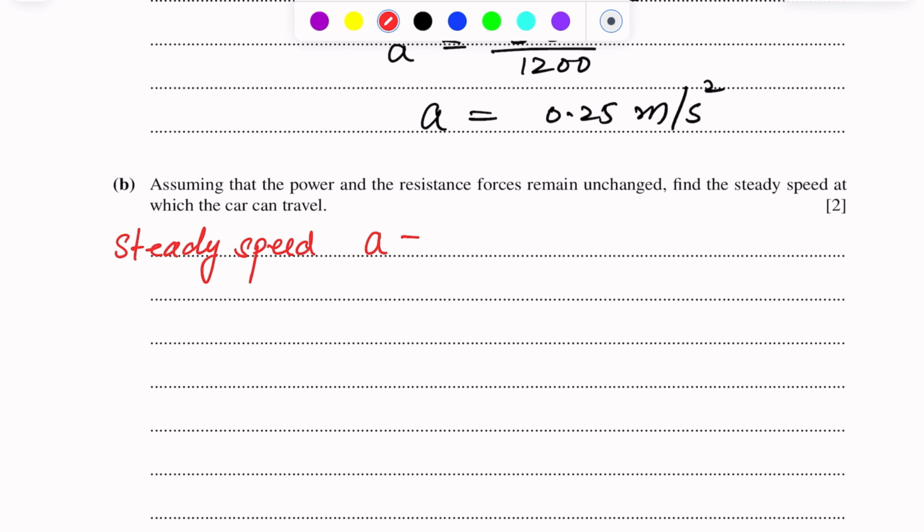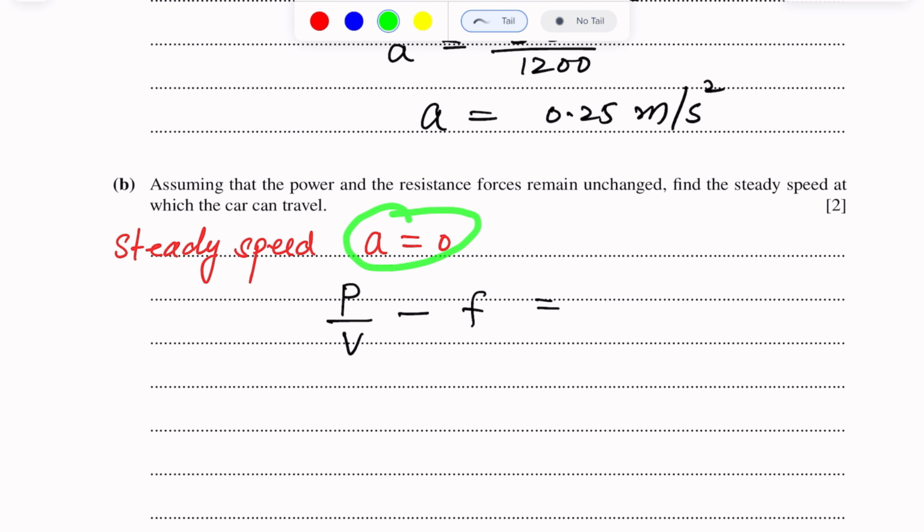Again, we are using Newton's second law of motion. Net force will be P over V, the driving force, minus force of friction is equal to ma. Since acceleration is 0, the right side will be 0.